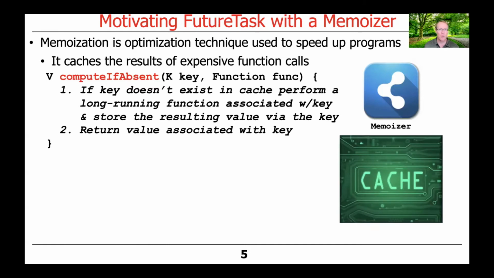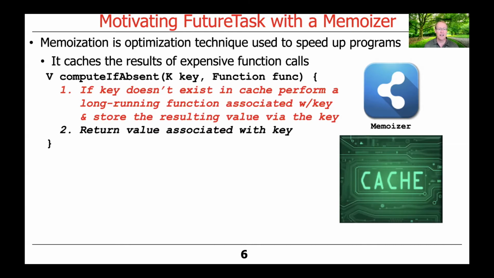We've gone over this before, but I'll recap it so you don't have to go back and watch old videos. Imagine we have a method called, say, computeIfAbsent, which takes a key and a function, where the function is a Java 8-like function.